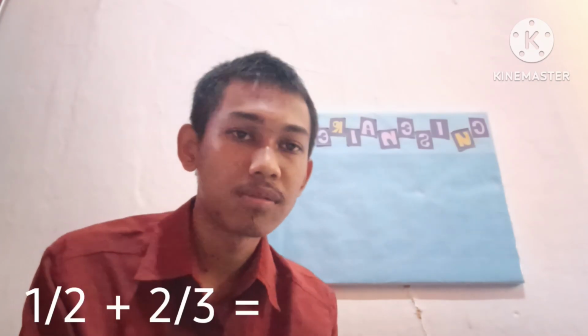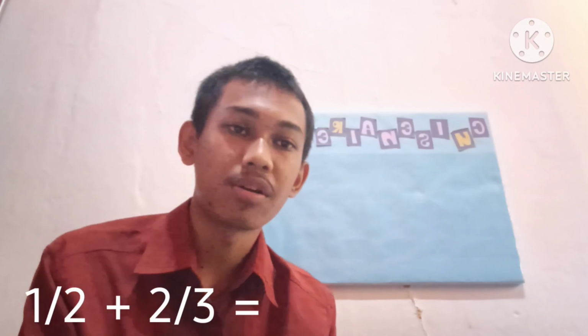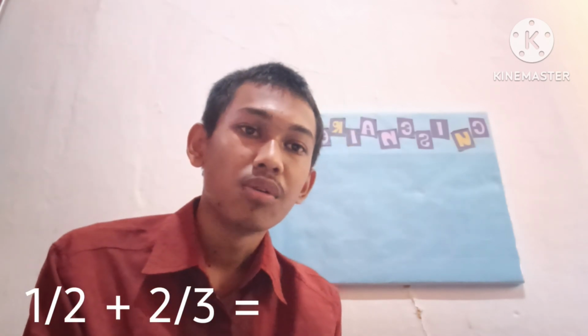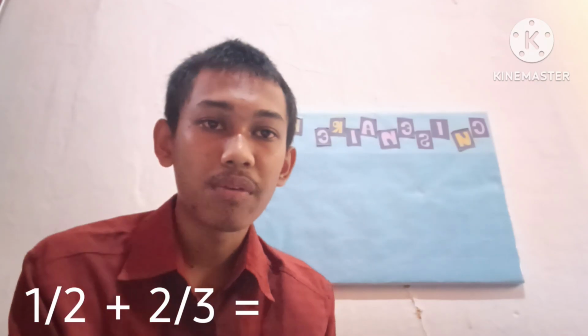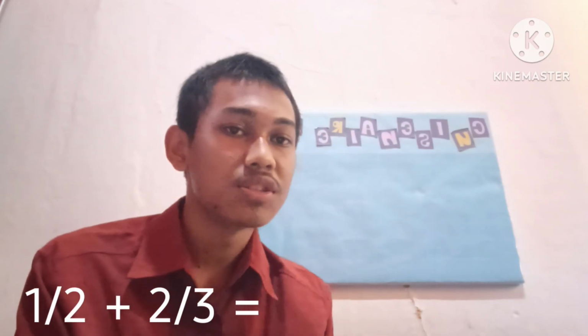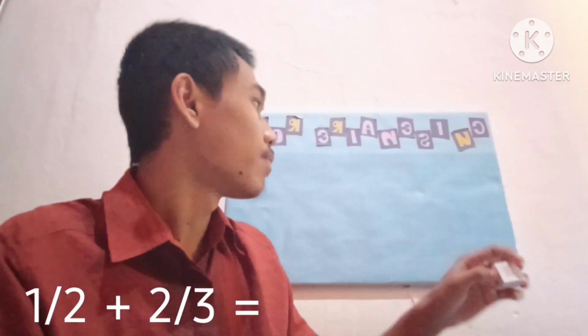Okay, let's move to the first question for the addition. I have the question a half plus 2/3. First, we need to identify which rod represents a half and which rod represents 2/3. I will use the white rod as unit 1.